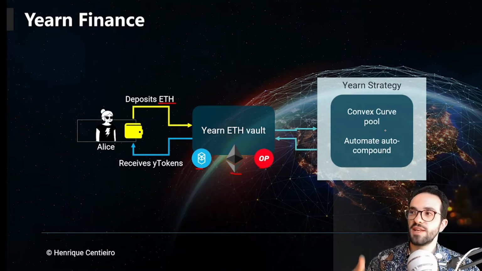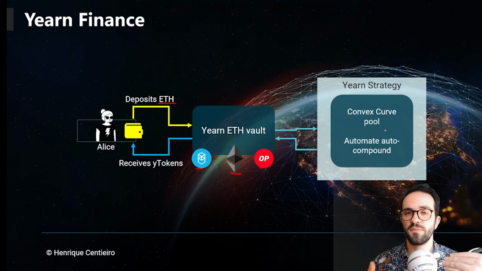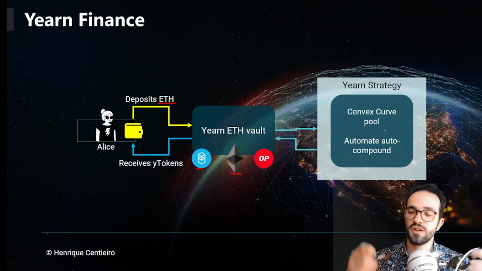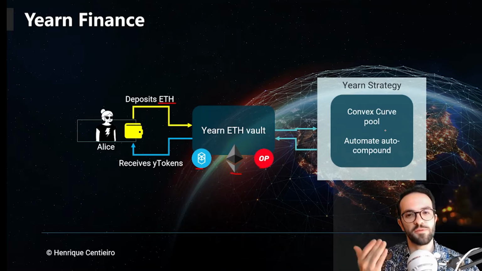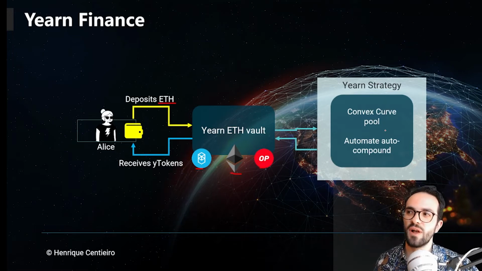Instead of you going first to Curve and then depositing your Curve tokens into Convex and doing all these steps, and every time you receive a reward you need to restake the reward, Yearn is going to automate everything. It's going to automate auto compounding and the reinvesting, and this way it will save you work and it will also maximize your yield.